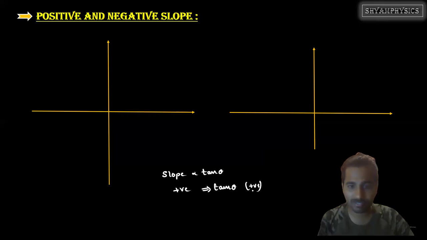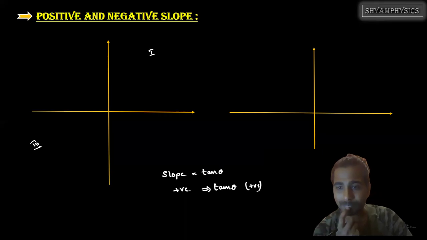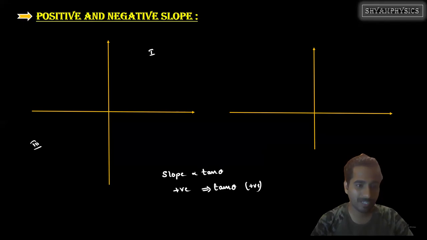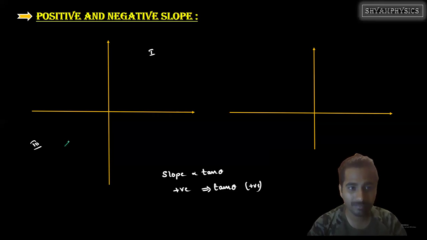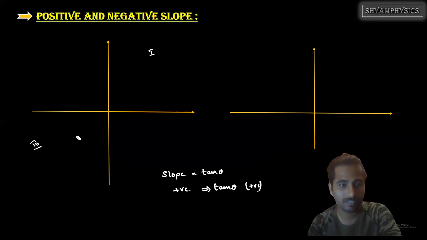Where is tan positive? If the line is traveling in the first quadrant and also the third quadrant, tan will be positive. Otherwise, tan is negative. Simple. If the line is passing through the origin like this, where is it going?